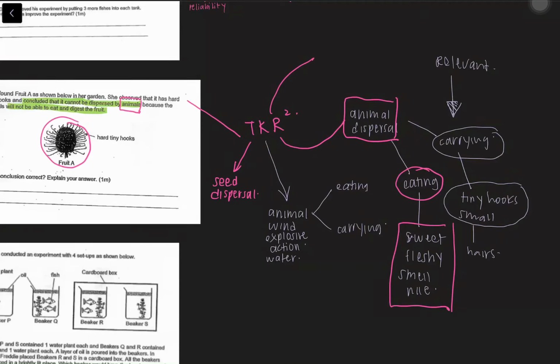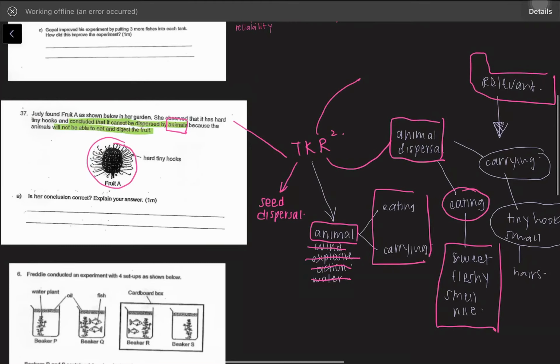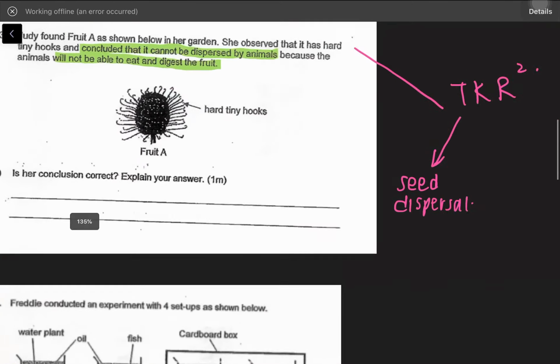So remember, in this question, wind is not relevant, explosive action is not relevant, water is not relevant, but only animal is relevant here. Okay, so is her conclusion correct?